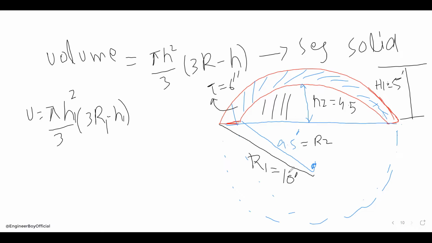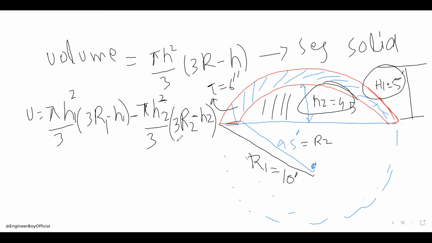We will just subtract the internal in this form: pi h2 square, then divided by 3, and then 3 times R2 minus H2. Is it clear?